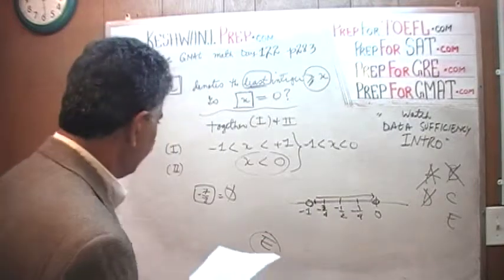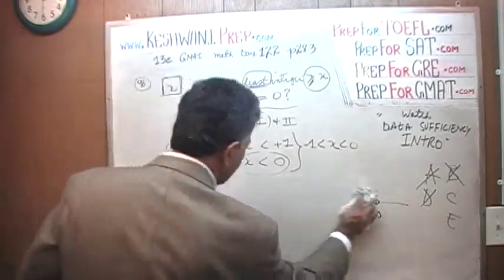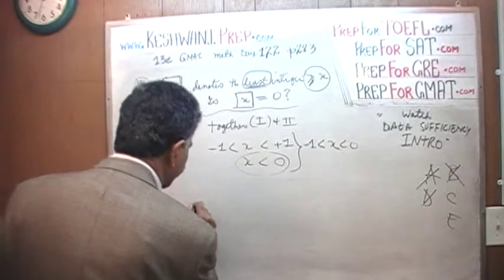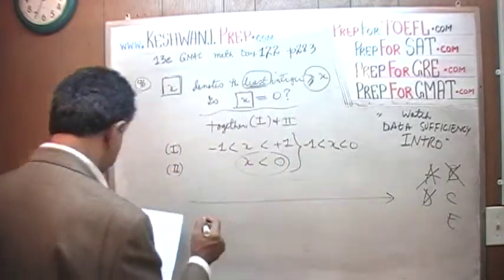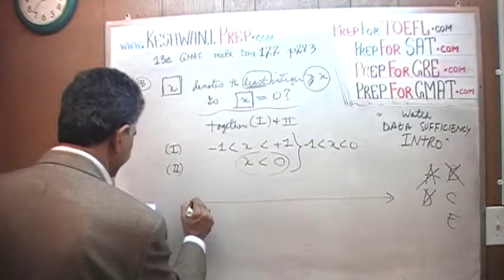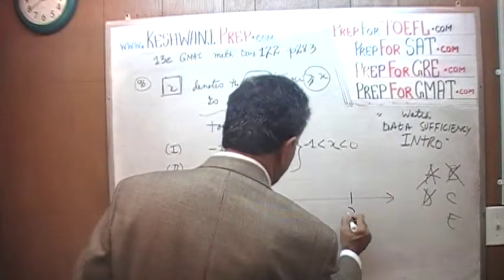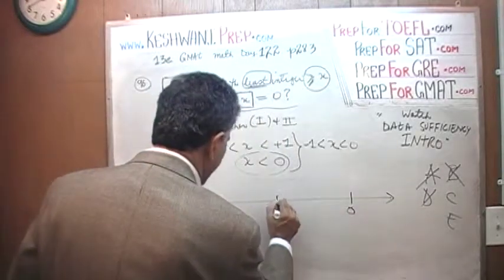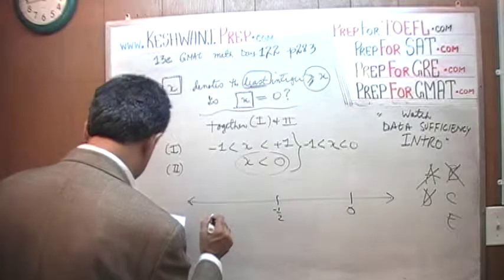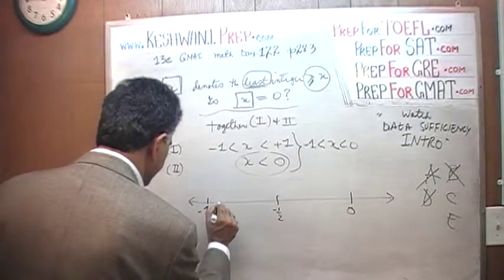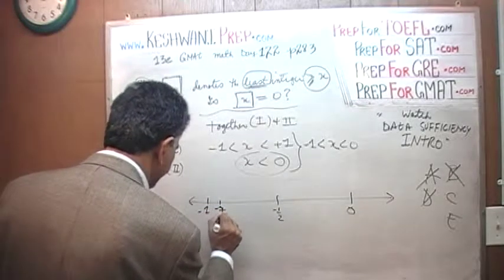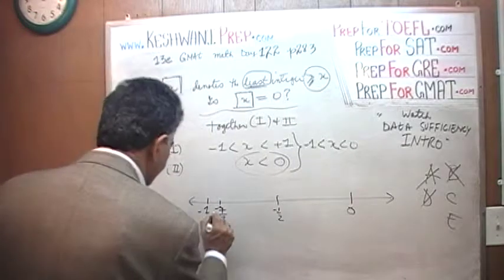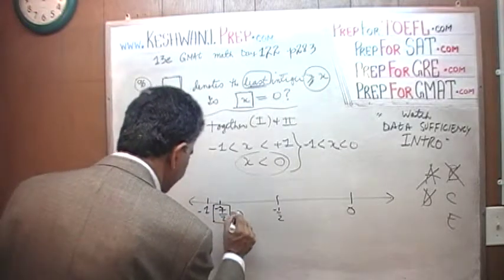Therefore, similarly, let's do it properly on the line here. Here's our 0, here's our negative half, here's our negative 1, and here's our negative 7/8. The value of this guy in a box equals 0.